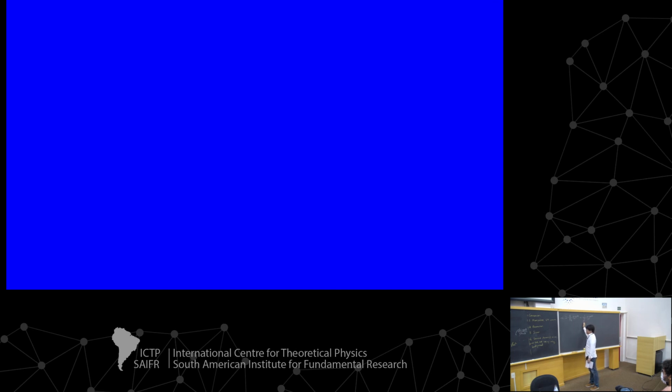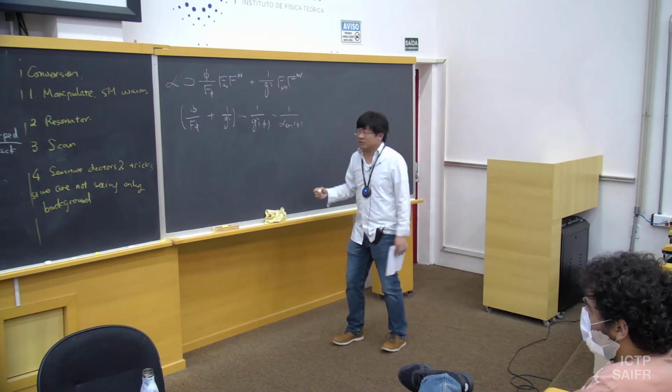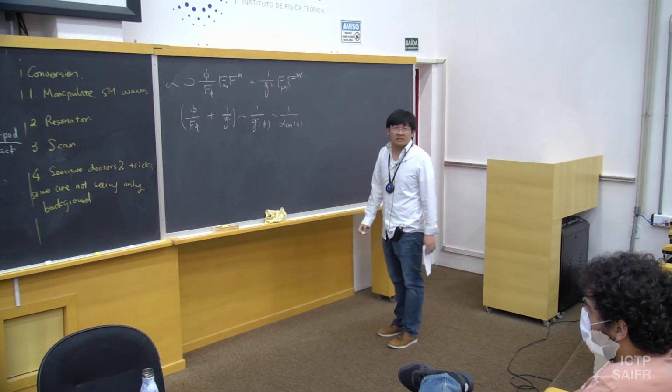The real coupling constant is a combination of this part and this part, and we know that this term, which I call 1 over g phi squared, is my new fine structure constant, maybe with 4 pi somewhere, but it doesn't matter, okay?